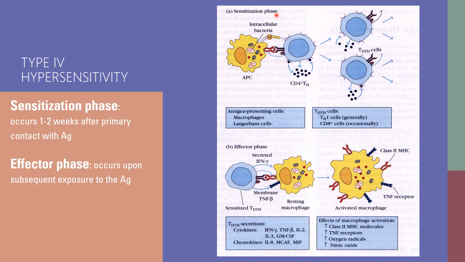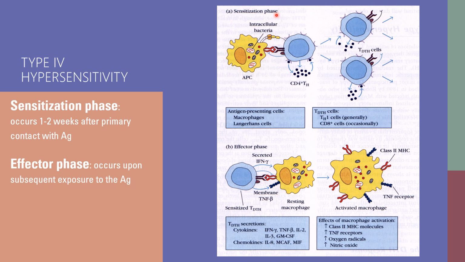So sensitization phase happens usually 1 to 2 weeks after primary contact with antigen. So medyo matagal. Unlike yung type 1 yung 30 to 60 minutes lang ng introduction, yung sensitization phase, yung type 4 hypersensitivity can last for a long period of time.